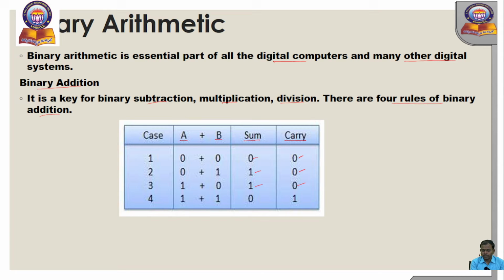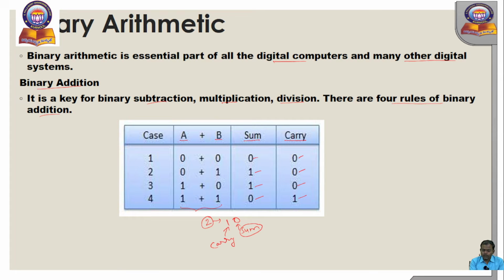If it is 1 and 1, then sum is 0 and carry is 1. 1 plus 1 in decimal gives 2, but 2 is not allowed in binary, so it is represented as 10 in binary. So the 0 is the sum and the 1 is called the carry.